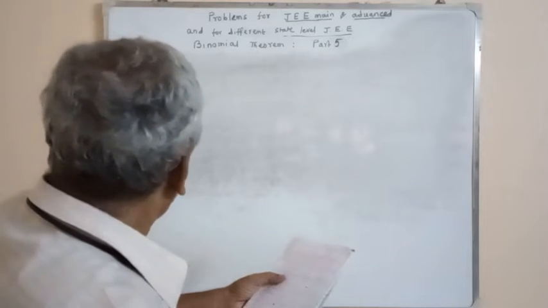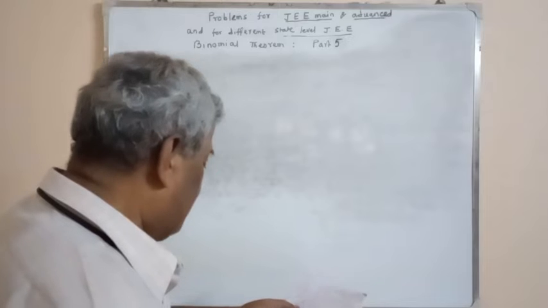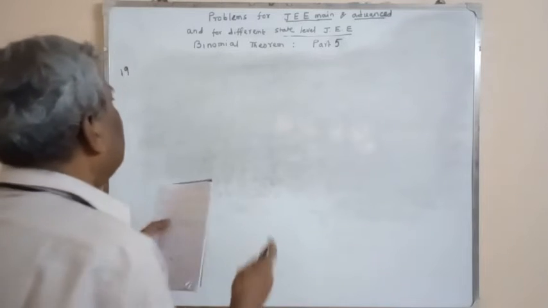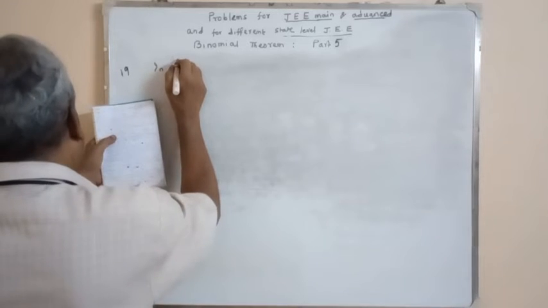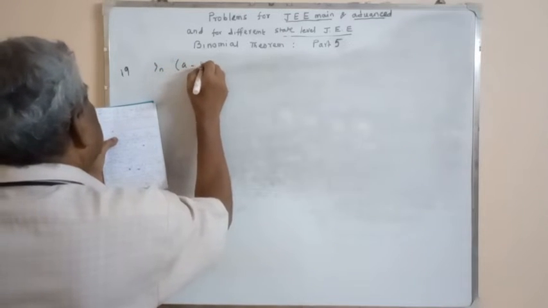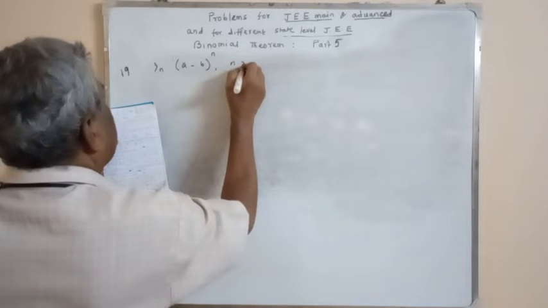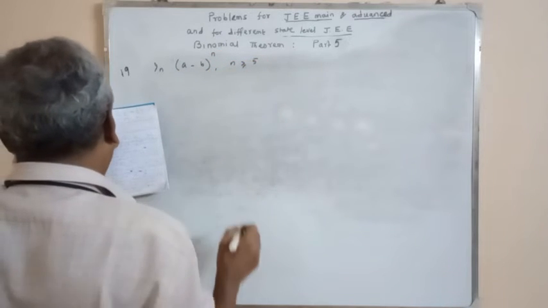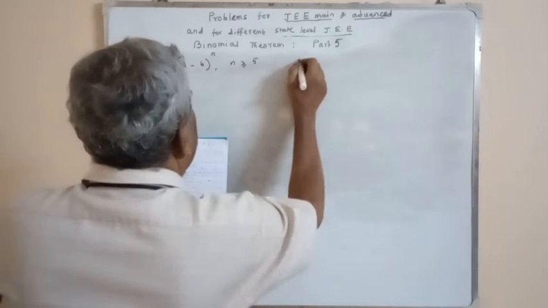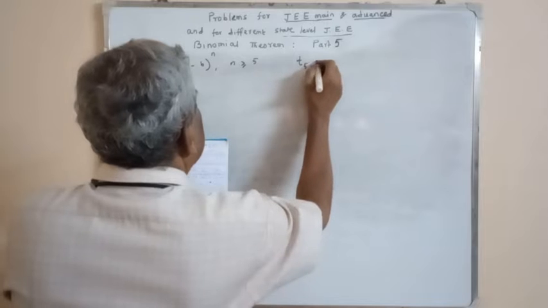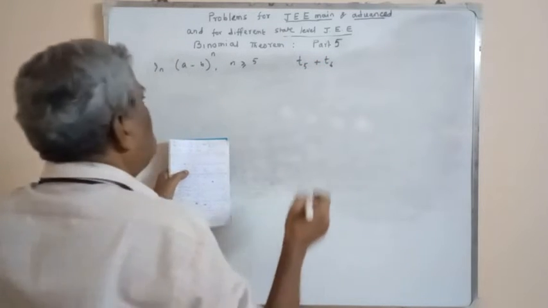Welcome. So, first problem is problem number 19 of that chapter, and it is in (a minus b) to the power n, n is greater than or equal to 5. The sum of fifth and sixth term is equal to 0.